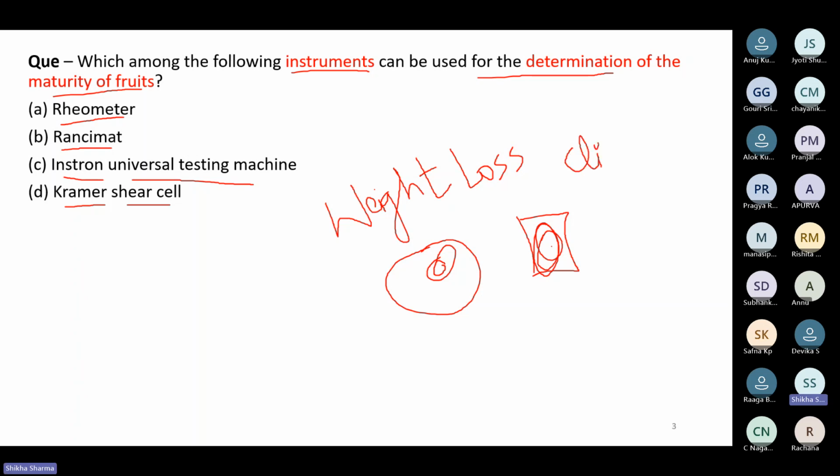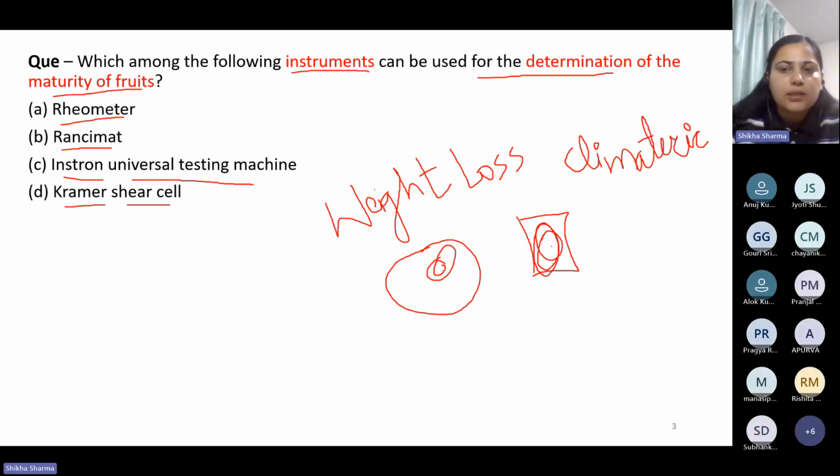So mainly in the climacteric fruits, this water inside the plant cell will evaporate and go out into the environment.